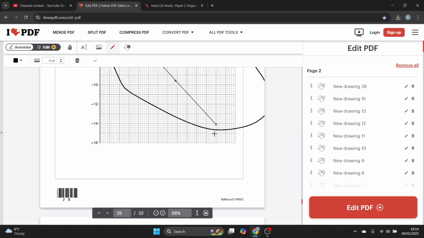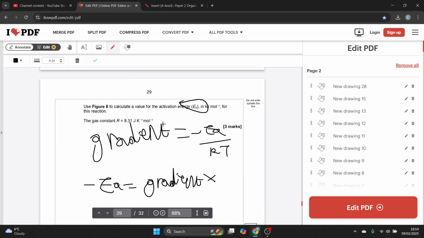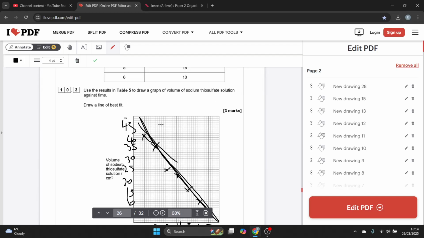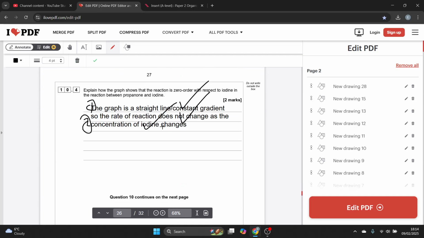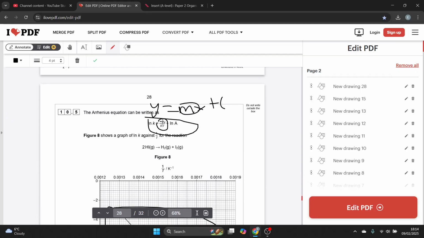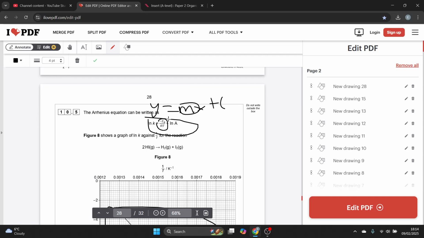times RT. R is 8.31. What's T? Oh, T is x.